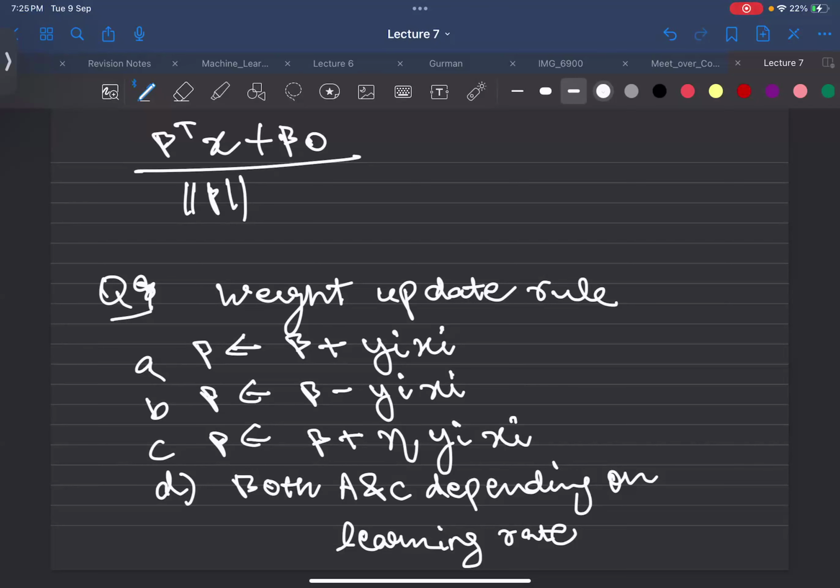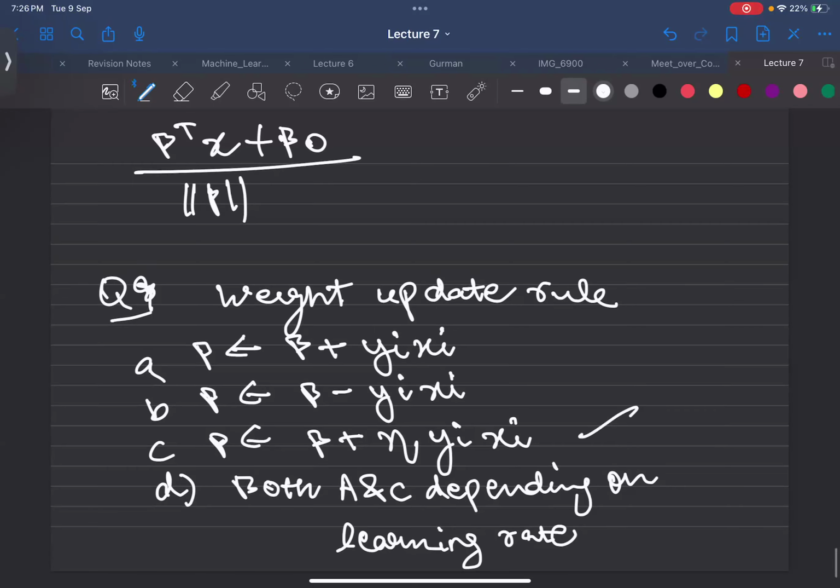Exactly. Everyone is correct. Sneh, it's not C, it's D. I'll tell you why D. So now, obviously your C is correct. Now, what D is saying, you have to read the MCQs very carefully. You shouldn't do like Sneh has done, by quickly seeing that, okay, it's eta yi xi, so it's correct. It's correct also.